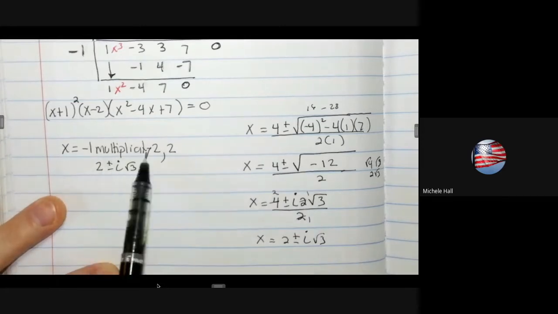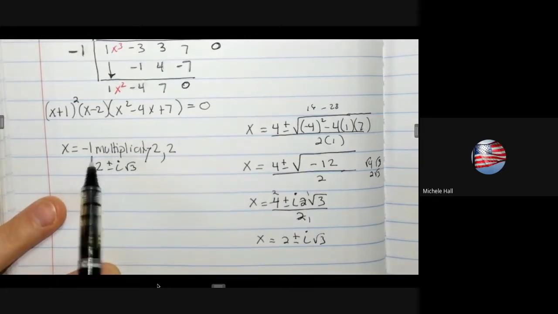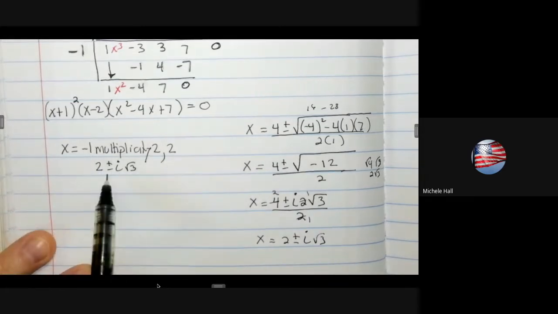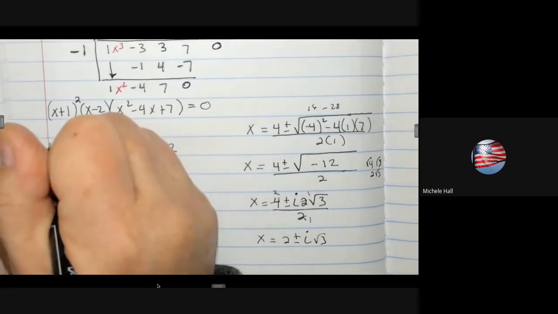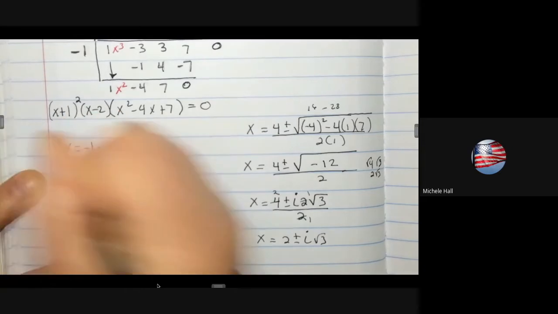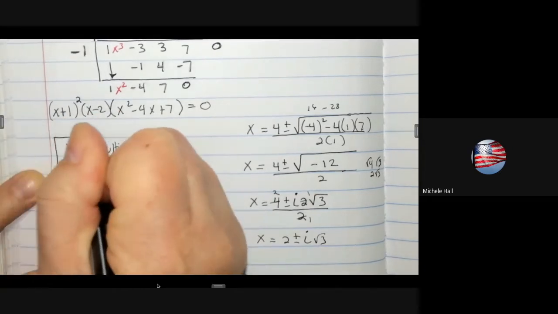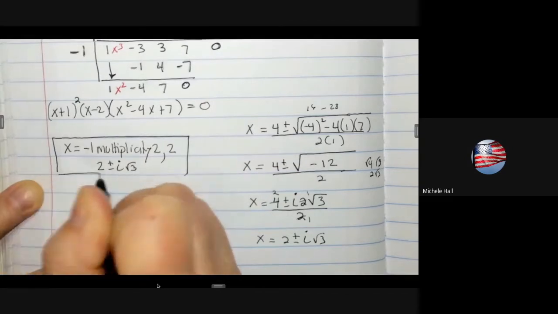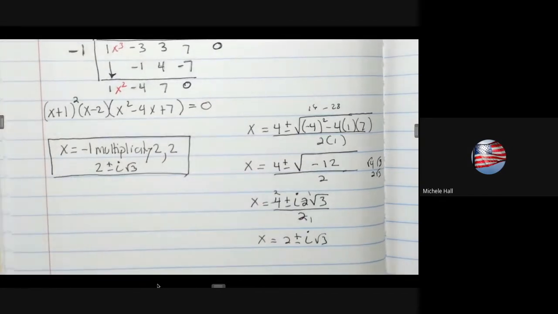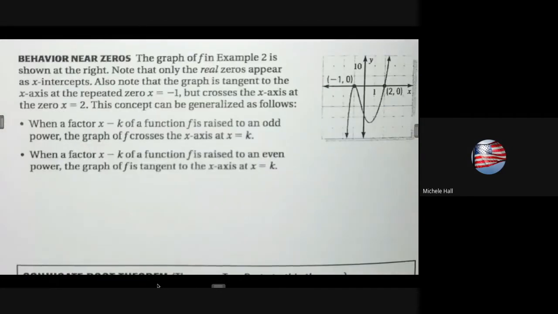So we've got 2 answers here for the -1. Here's our third answer, and then here are 2 more answers, 2 plus i square roots of 3 and 2 minus i square roots of 3. These are all the zeros. It said all zeros, not just real zeros, all the zeros. Final answer. Behavior near zeros.